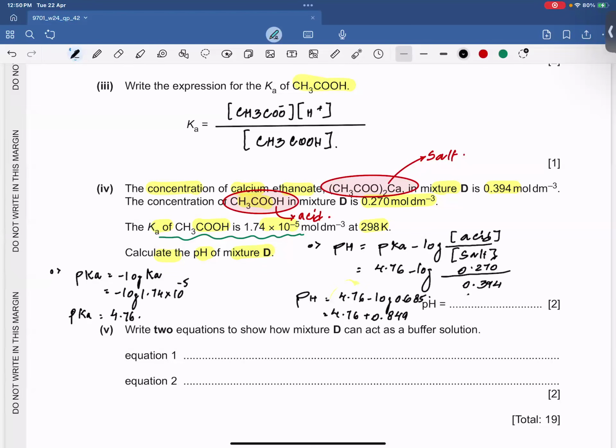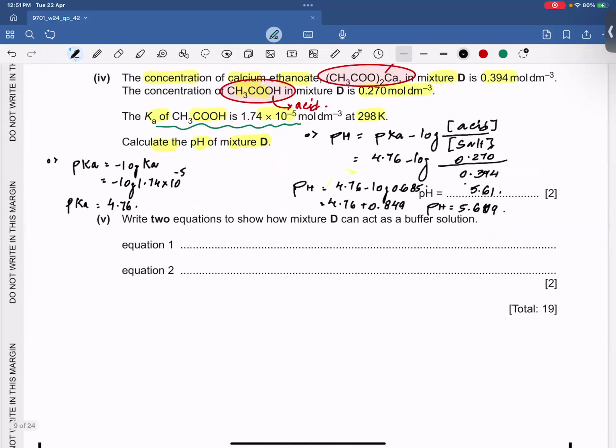Oh, sorry, 5.60. Yeah, that's fine. pH equals 5.61. Okay.